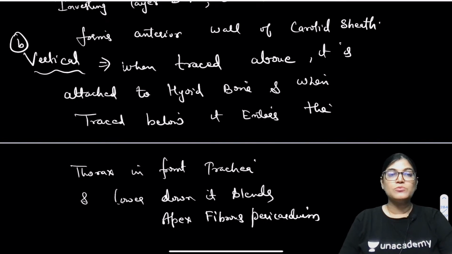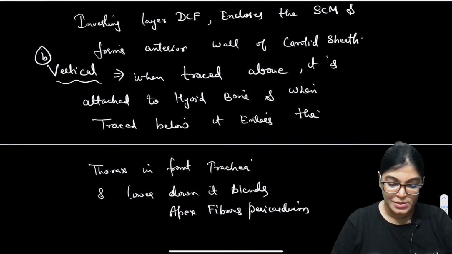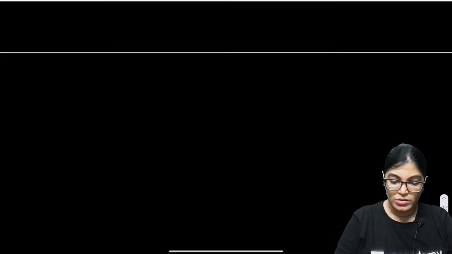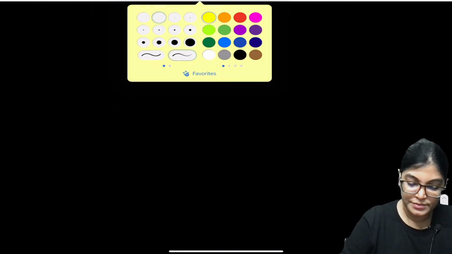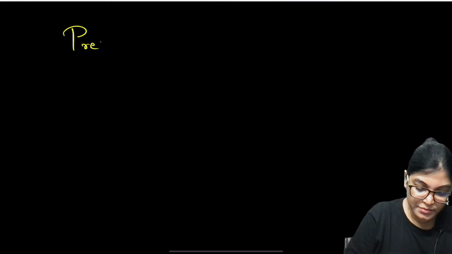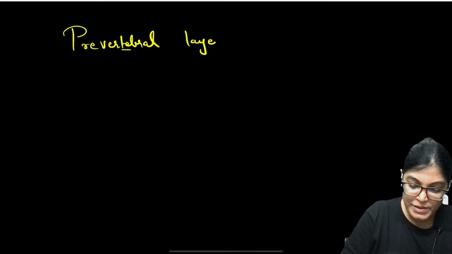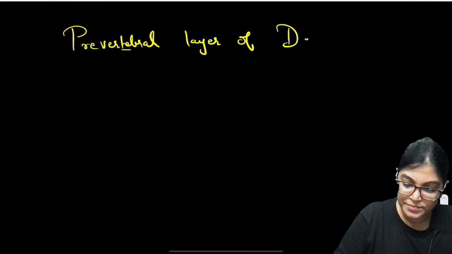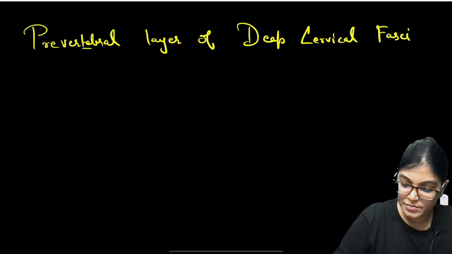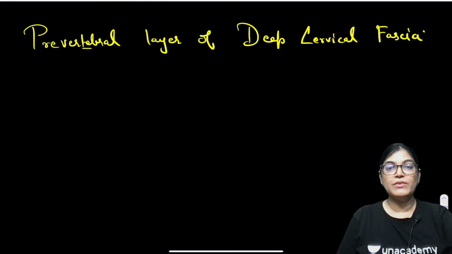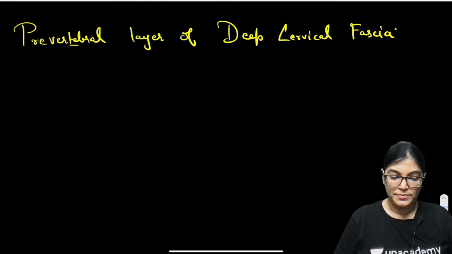Done. Now, let us move on to the prevertebral layer. Next is prevertebral layer. So, now let us move on to the third layer, that is prevertebral layer of deep cervical fascia.